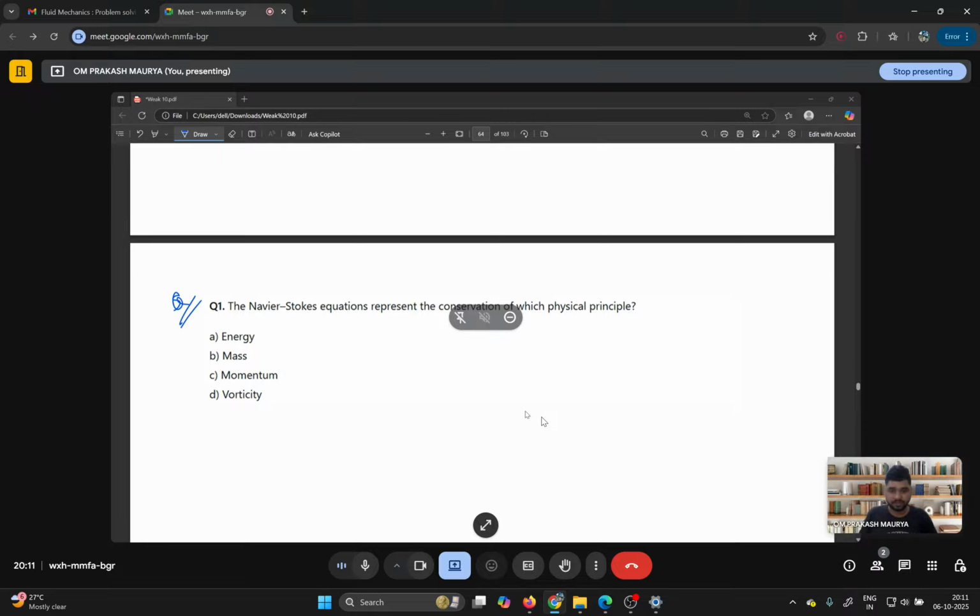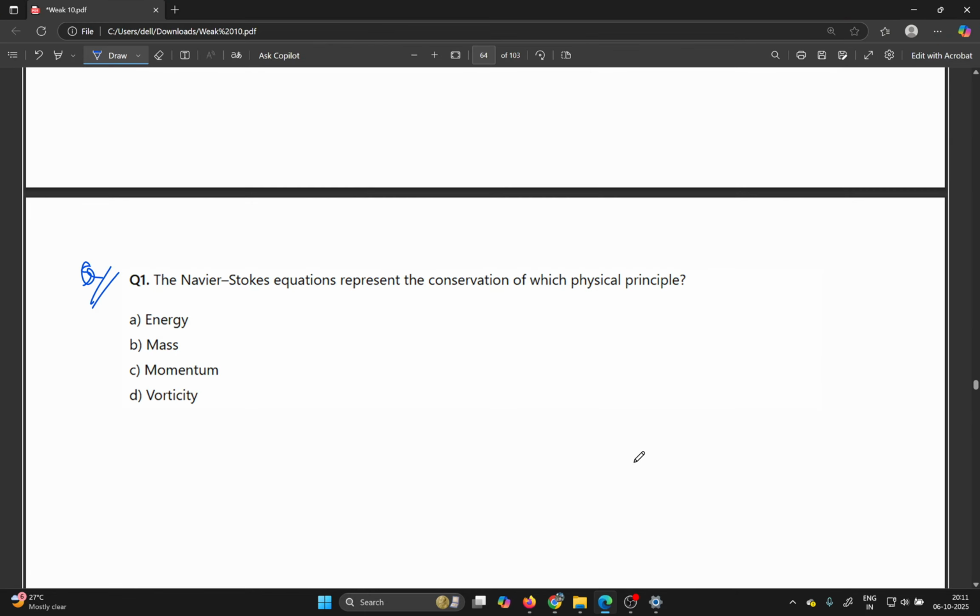Okay, so let us move with the next question. Navier-Stokes equation represents the conservation of which physical principle? This question is very important. As I have discussed earlier, Newton's second law of motion, rate of change of momentum.